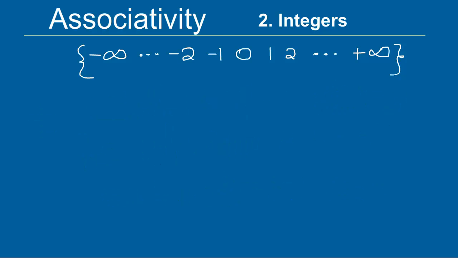Alright, let's now look at subtraction. Again, 3 random integer examples. Our integers are -2, 5, and this time let's take another negative integer, maybe -3. These are our 3 integers.